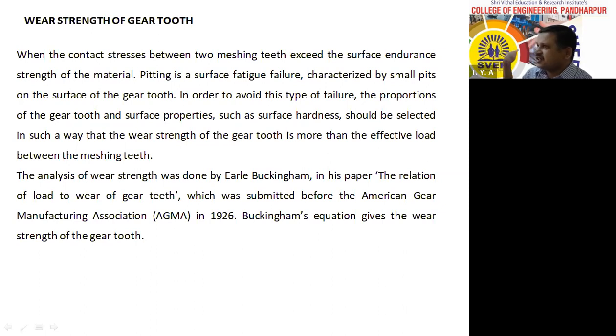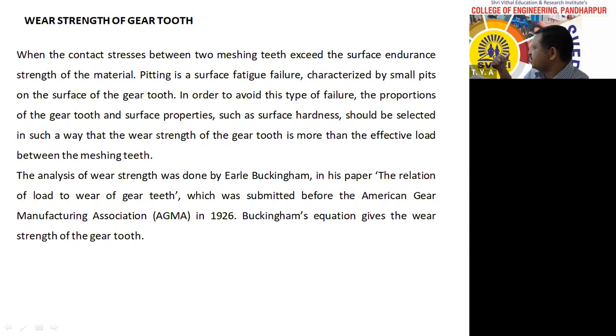And when you are going to use that thing continuously for 1 year, 2 year, 3 year, 5 year, up to 10, 15 years, at that time wear and tear takes place, and that's why at that time you have to consider uniform wear theory. Therefore, this is nothing but wear strength of gear tooth.